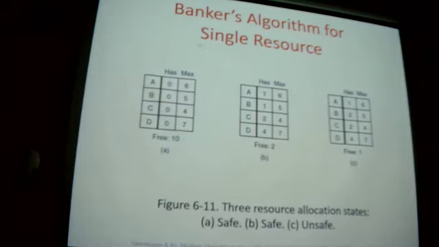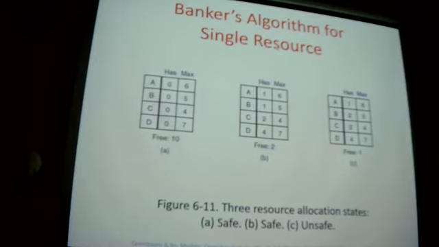So there is a famous algorithm, Banker's algorithm, about how to allocate resources, and the purpose is to avoid deadlock. The main idea is to avoid unsafe state. The first algorithm is about a single resource.